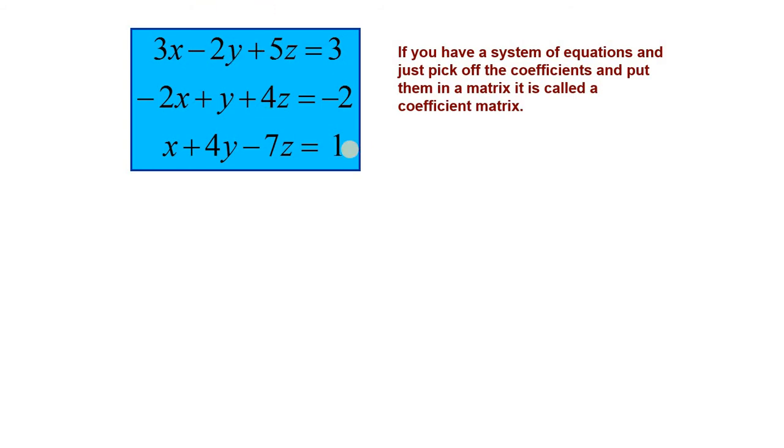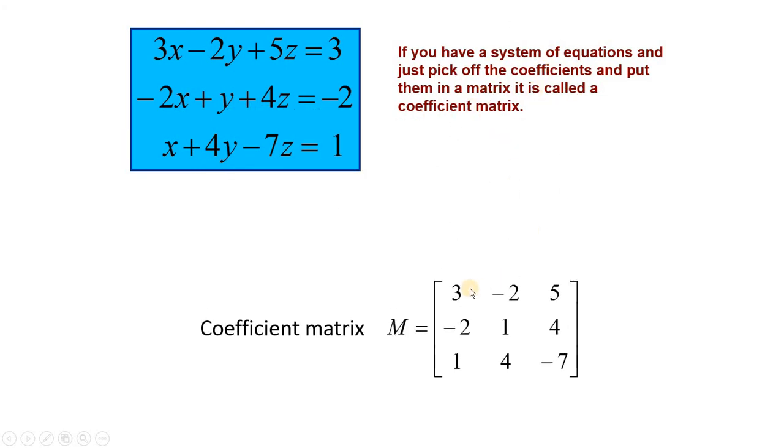A coefficient matrix is a matrix which is made of the coefficients of the variables x, y, z. If you have a system of equations and just pick up the coefficients and put them in a matrix, it is called a coefficient matrix.